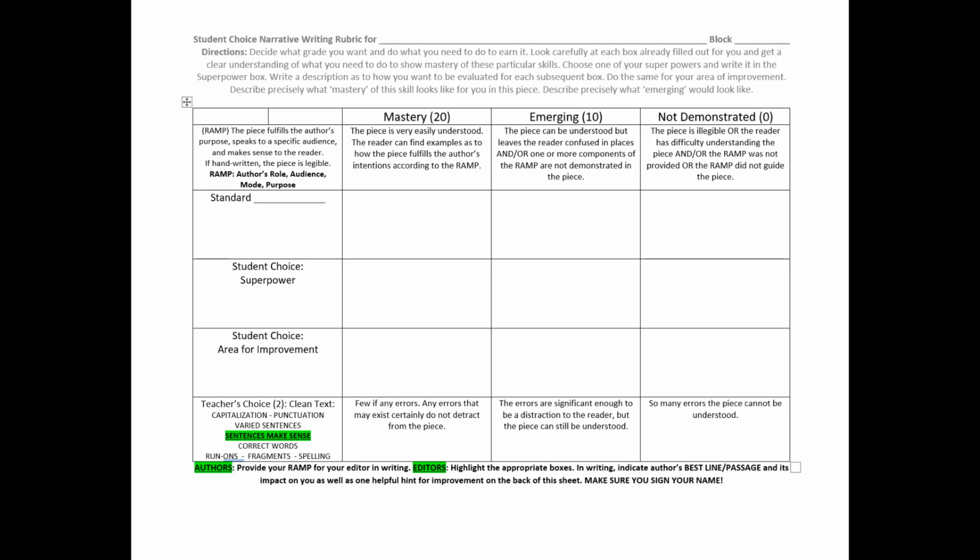Rows 3 and 4 are for students to fill out. Literally let them fill this out. Their superpower, give them that opportunity to really show off their mad skills. Have them write a description of what that would look like for mastery. Also, have them write the description for emerging and not demonstrated. And then have them maybe highlight that superpower in red.